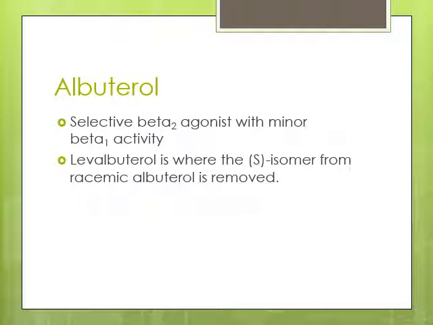Now, albuterol is a selective beta-2 agonist, and it does have some minor beta-1 activity. It can increase heart rate by directly stimulating beta-2 receptors in the heart and by stimulating beta-2 receptors in vascular smooth muscle.